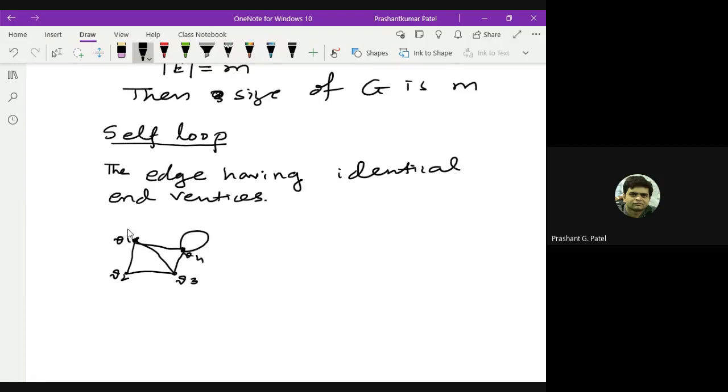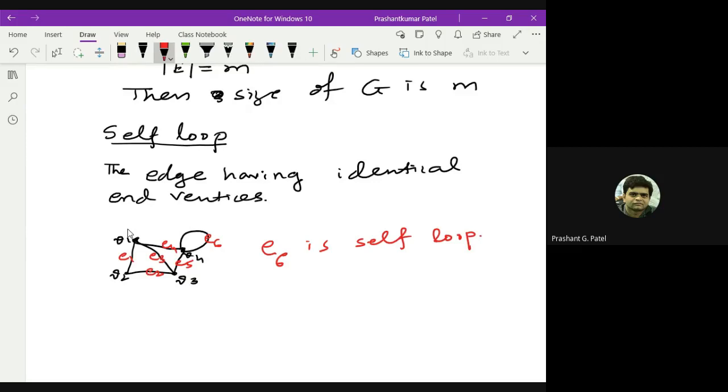There are 4 vertices, and E1, E2, E3, E4, E5, and E6. There are 6 edges. Here E6 is a self loop. That we can conclude from this.